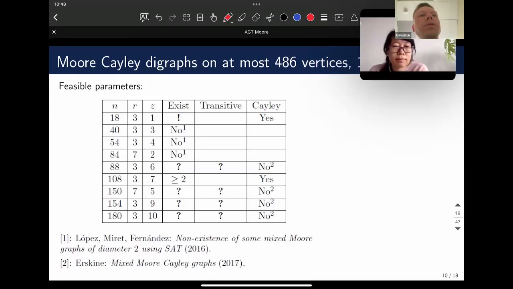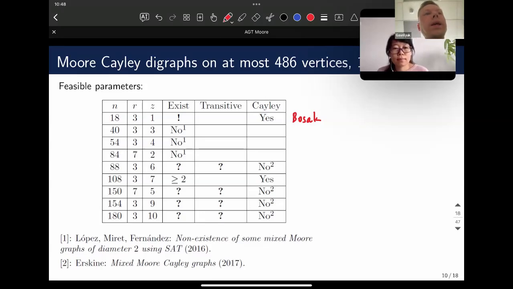In the first column, it is the number of vertices, and the second and third columns are the degrees of the corresponding putative Moore digraphs. For example, in the first row, we have the Bosák graph, which is unique, and as I said, it's a Cayley digraph.